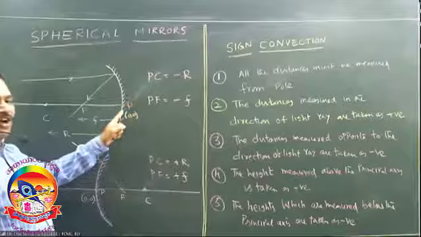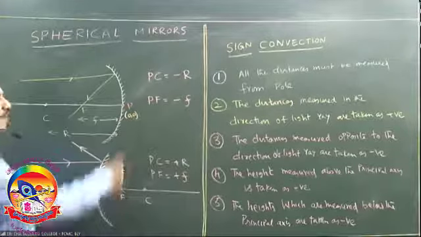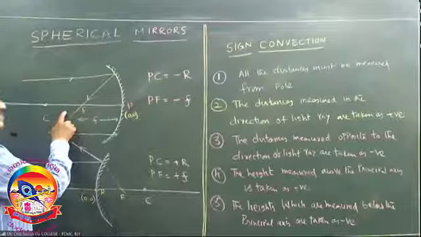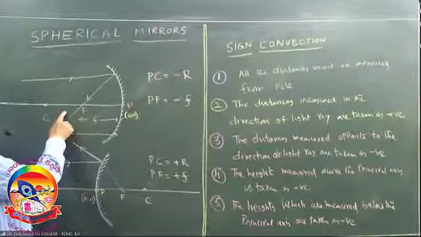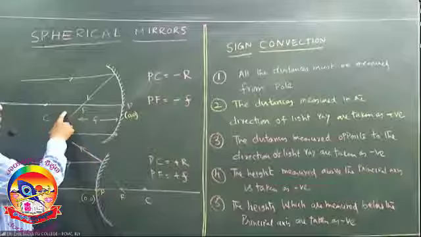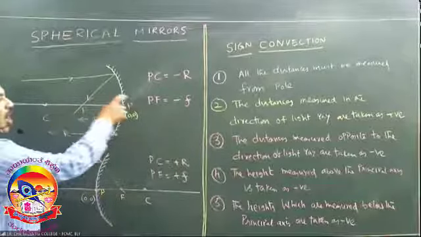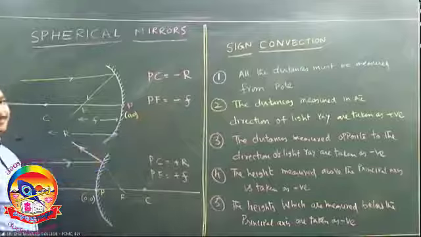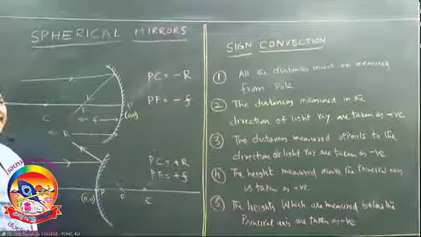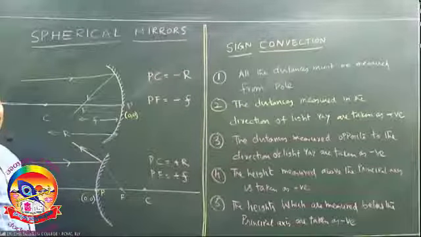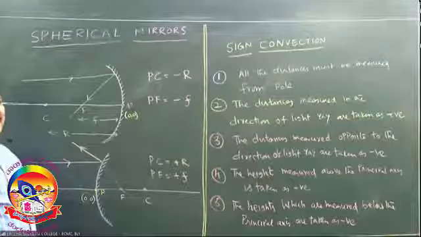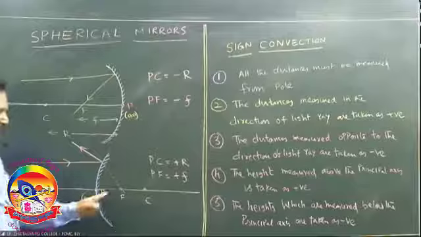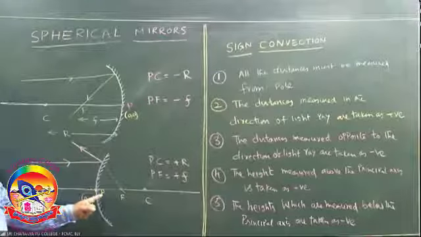In case of concave mirror, if the object is present left side of P, object distance is taken as negative. If the object is present right side of P, then the object distance is positive. Same in the case of image distance. In the case of convex mirror also, same.